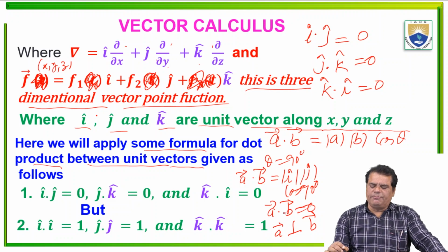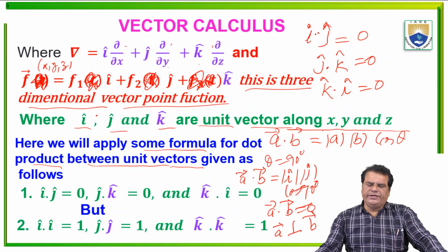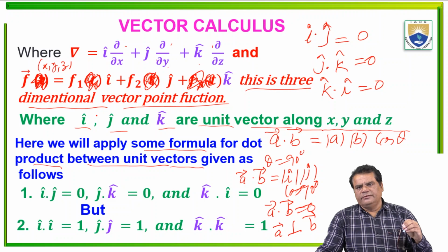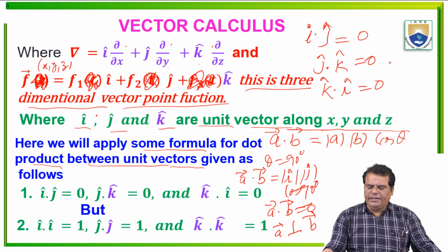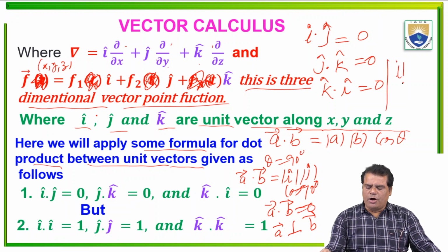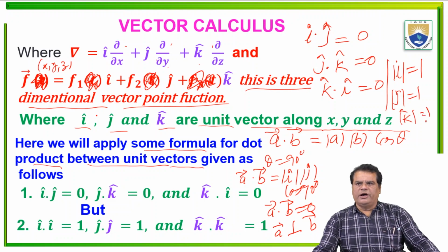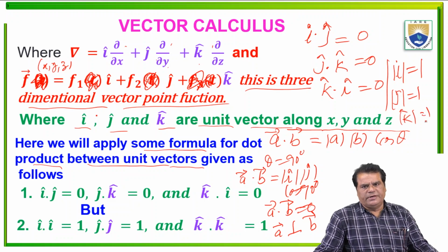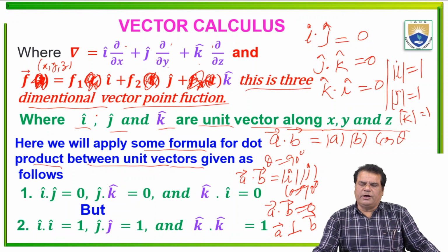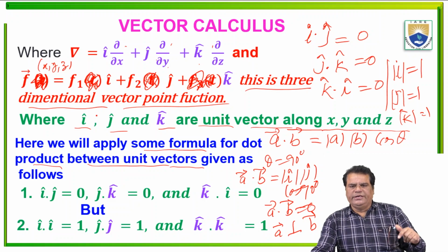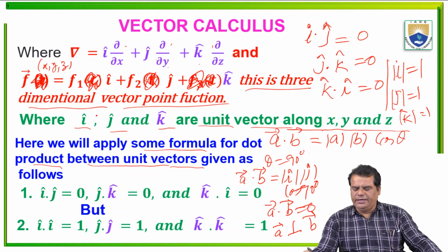Similarly, this formula applies here. i, j and k are all unit vectors. A unit vector means its mod is always 1. The modulus of i is 1, the modulus of j is 1 and the modulus of k is 1.